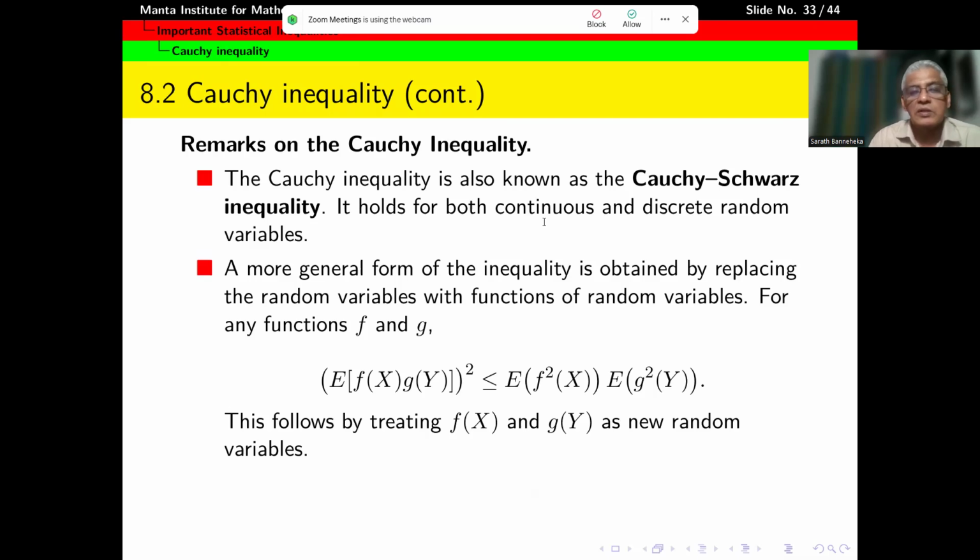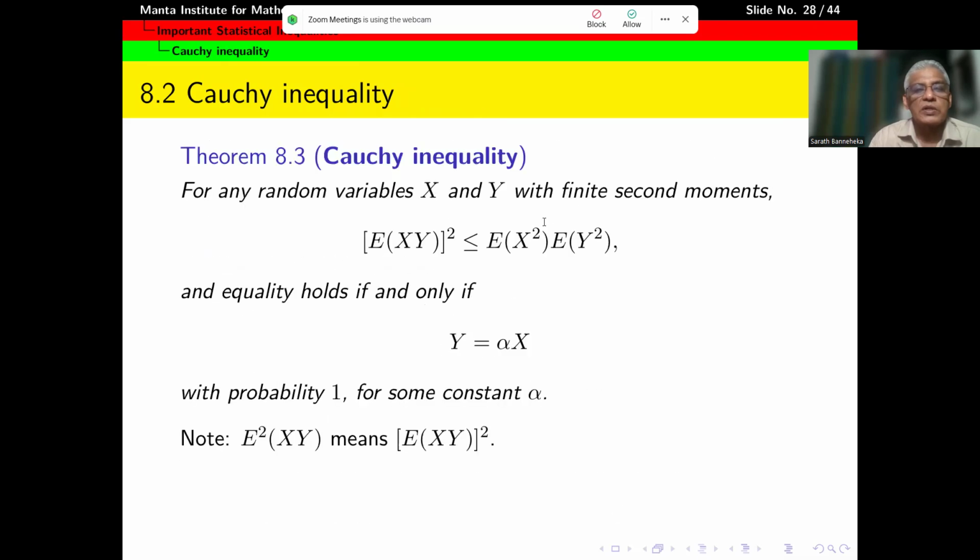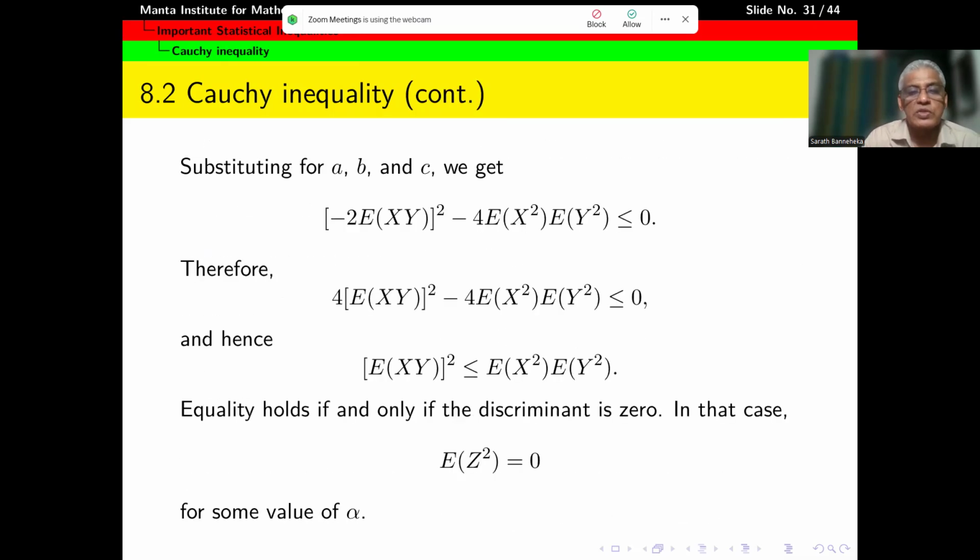Another important thing is, here you have in general expected value of xy square is less than or equal to expected value of x square times expected value of y square. But this x can be some function of some other variable as well, and also y can be some function of some other variable. Therefore, we can consider a more general situation.